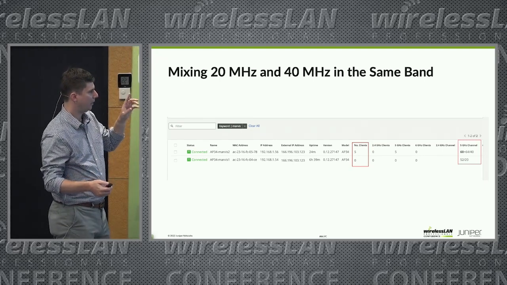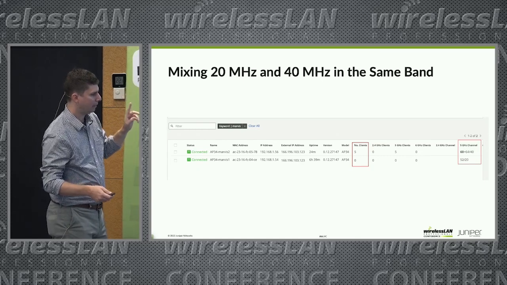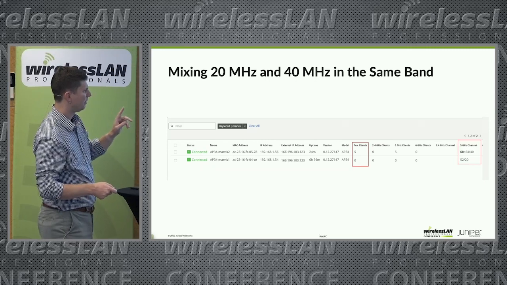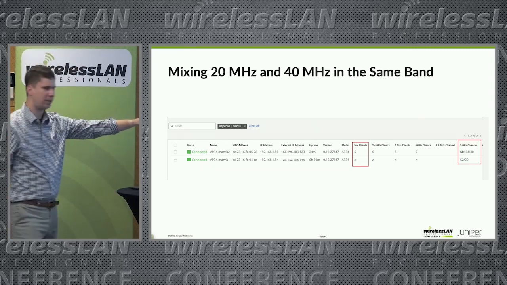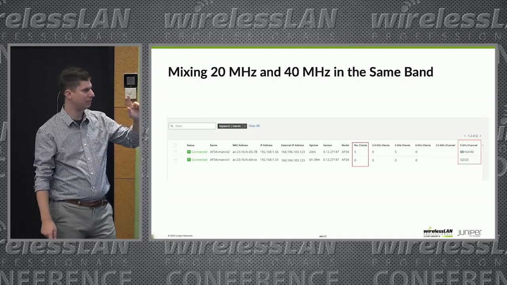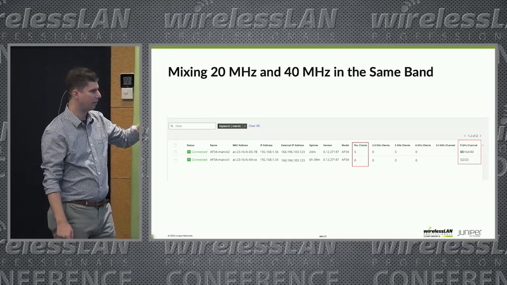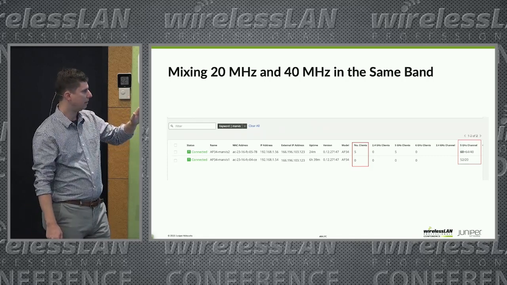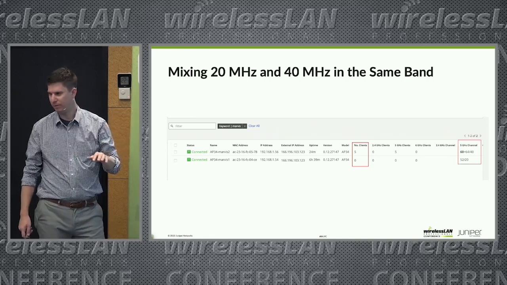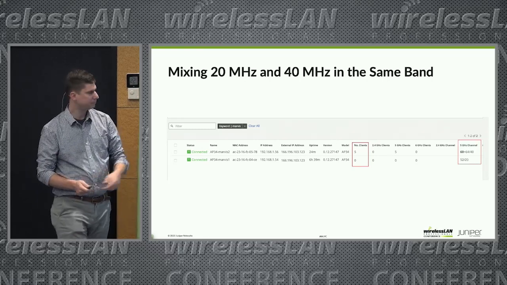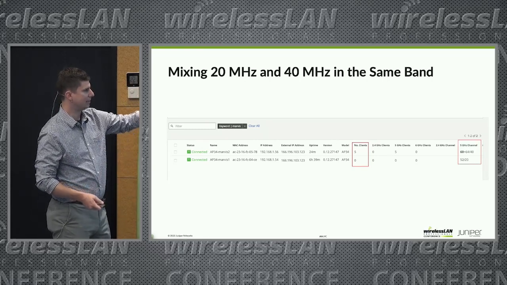I tried to make it as unfair as I could. In this screenshot, I have them both on DFS channels, but I also did a test where I put the 40 megahertz on a DFS channel in 5 gig and the 20 megahertz on a non-DFS channel, which usually you discover better. This isn't contrived.